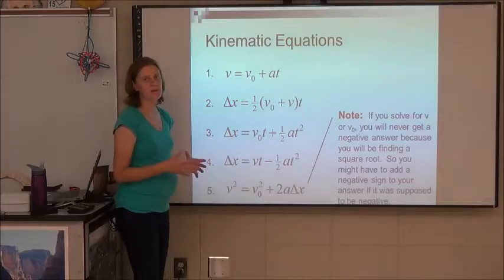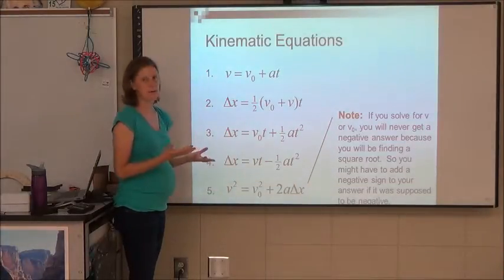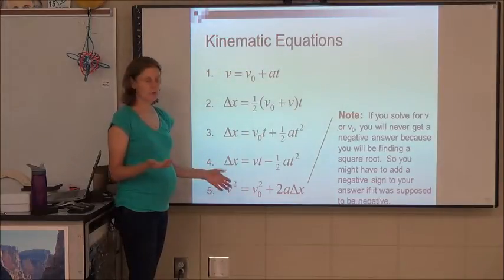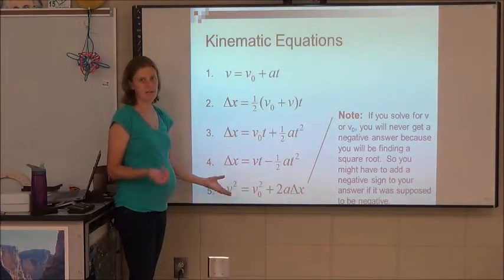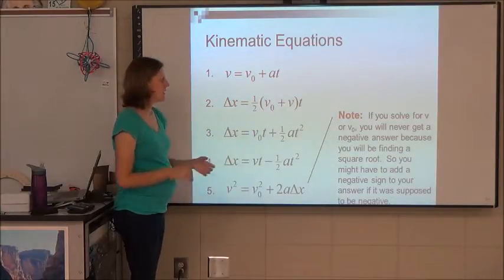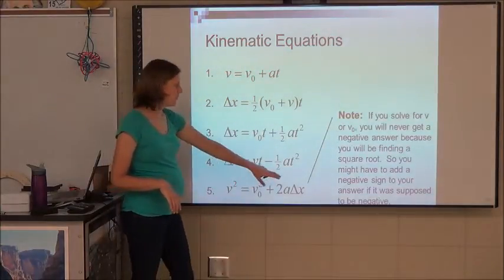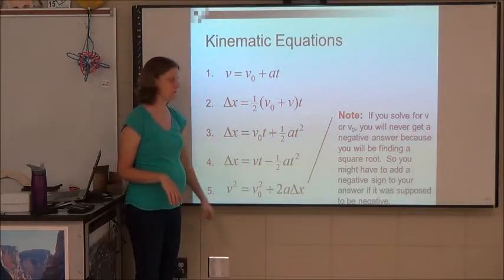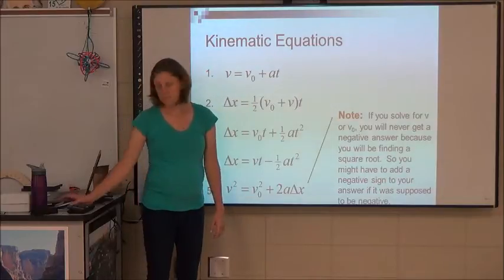Well, if you're going to square root everything, you're going to get a positive value, regardless. But depending on your problem, maybe your final velocity is negative. I mean, maybe this was something moving to the south, or moving west. So be careful there. You may have to add your own negative sign on your answer just for this equation here with the squares.